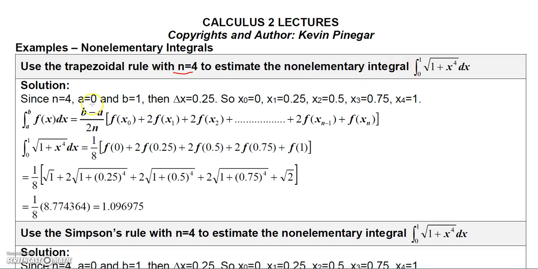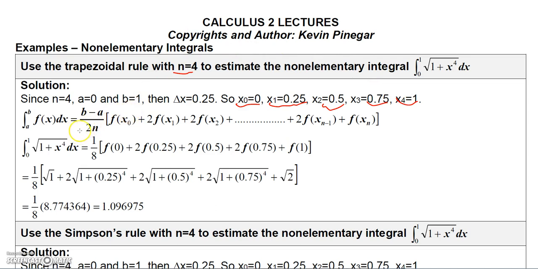First of all, since n equals 4 and a is 0 and b is 1, if you do 1 minus 0 over 4, you'll see that delta x is 0.25. So if we start at 0 and then go 0.25 until we get to 1, the next points would be x1 equal 0.25, x2 equal 0.5, x3 equal 0.75, and finally x4 equals 1.